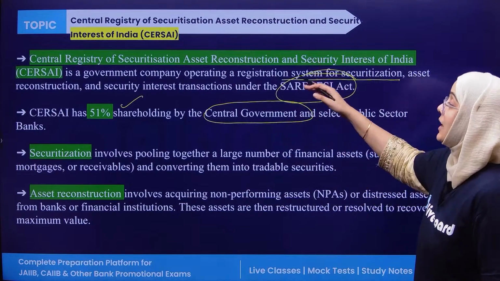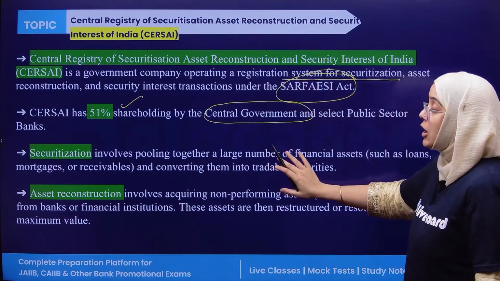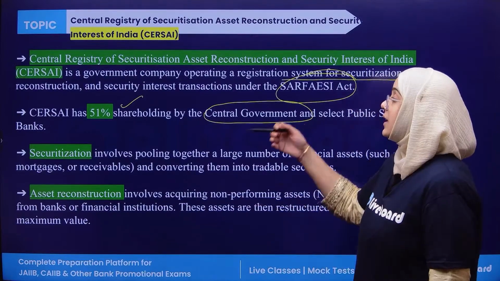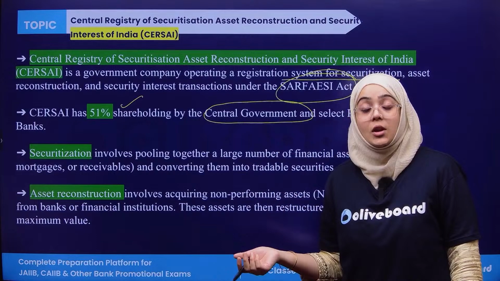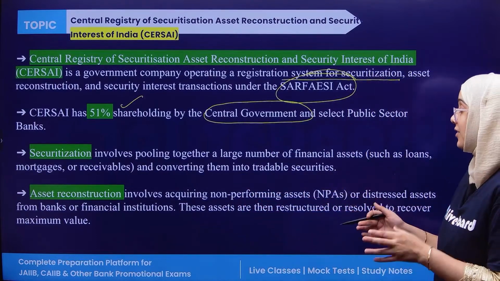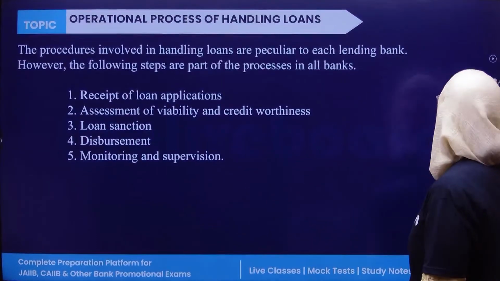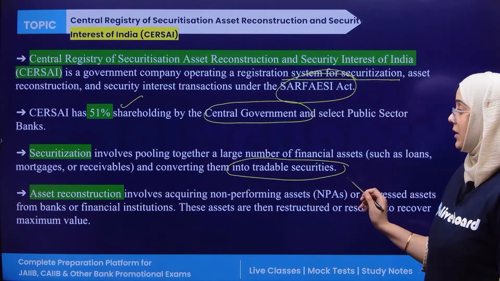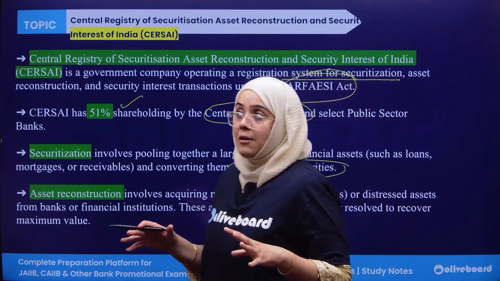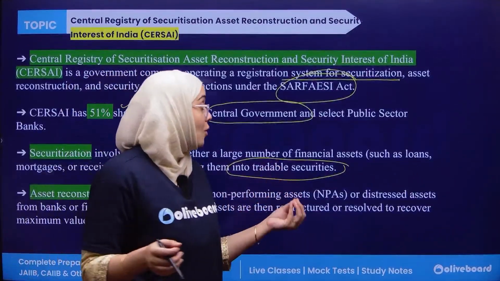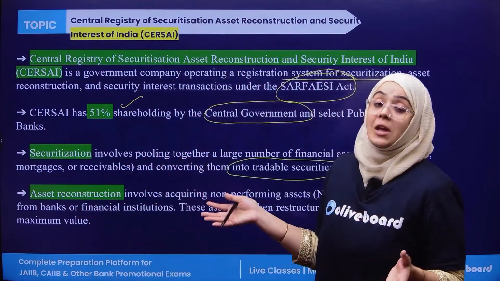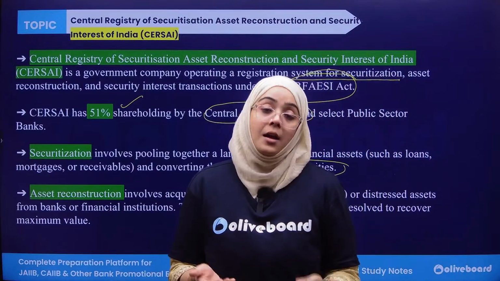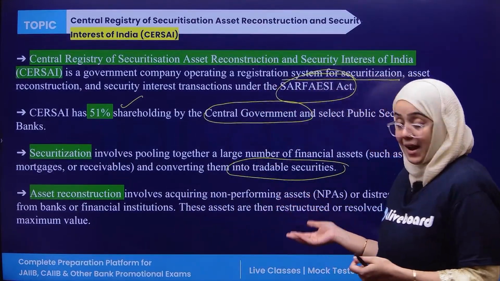Now, what is securitization, for which there is CERSI? Securitization and asset reconstruction are the two most important objectives of the CERSI. First of all, what is securitization? It is pooling together a large number of financial assets in order to convert them into tradable securities. So if your large financial instruments, like loans or mortgages, are pooled together and can now be treated as a tradable security, then this is known as securitization.